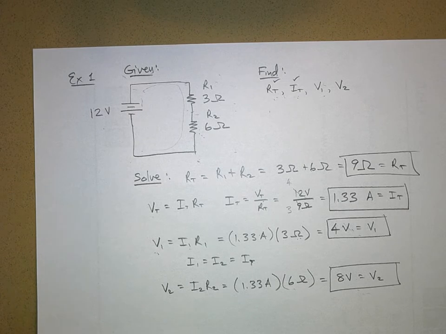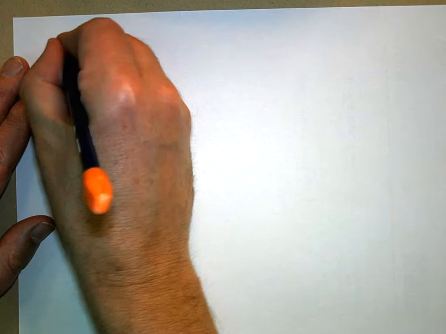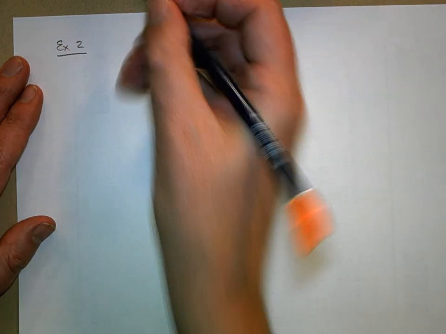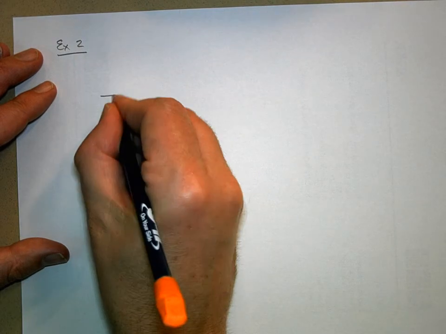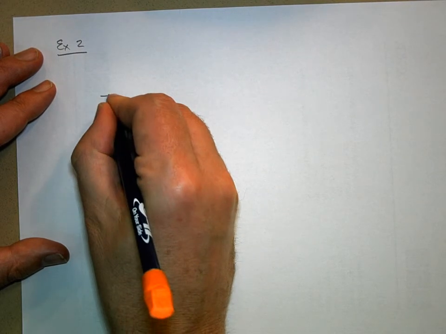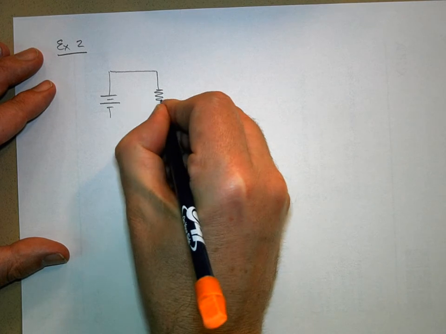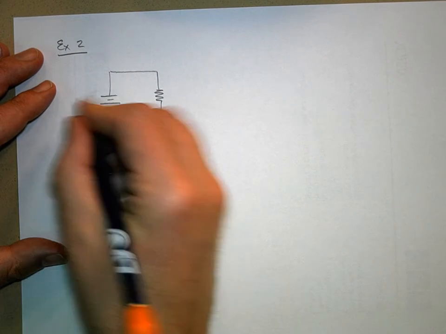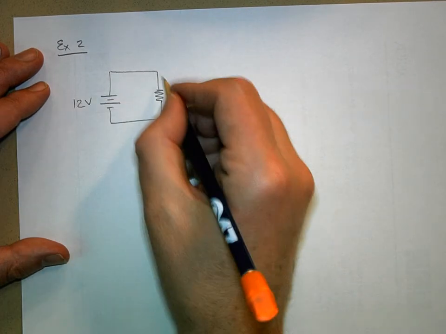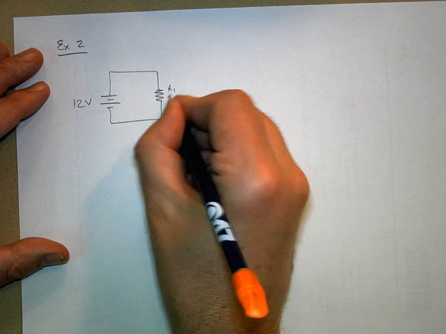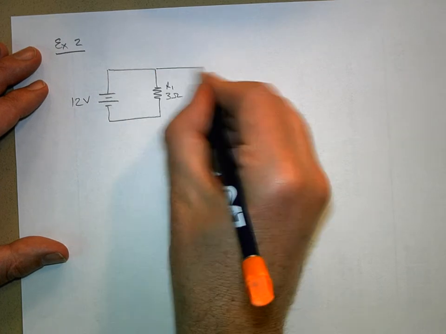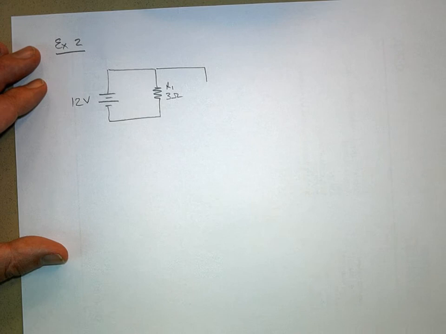Okay. Example 2. Same resistors, but now we're going to hook them up in parallel. Here's 12 volts. R1 is 3 ohms. Hope I didn't do this in the worksheet. Oh well, I did. It's okay.